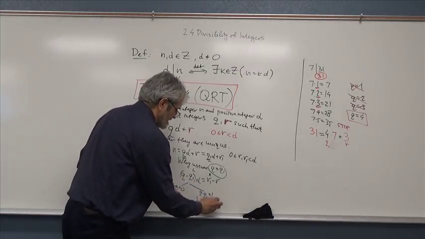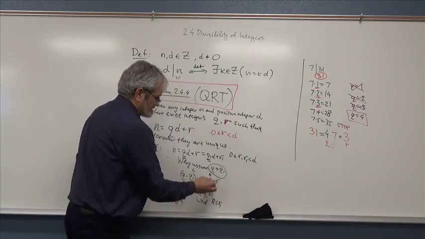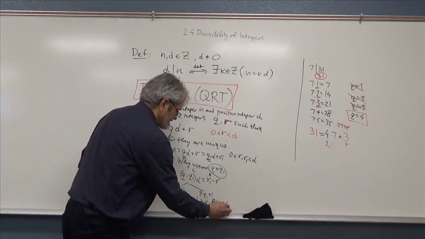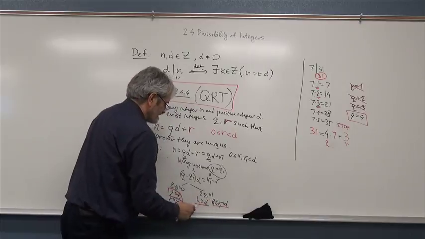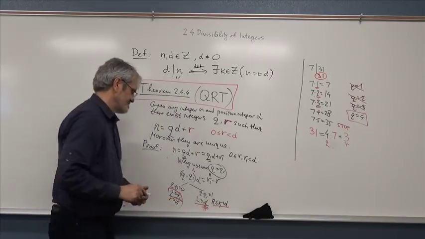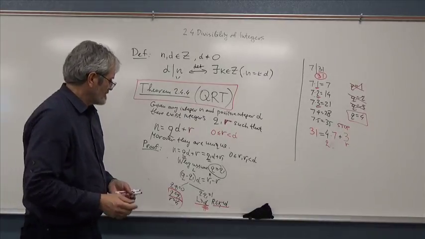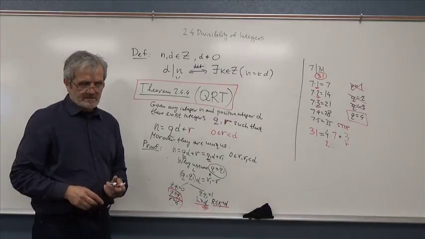The right side is less than or equal to r1, because you are subtracting a nonnegative number, but r1 is less than d. So the left side is greater than or equal to d, the right side is less than d: contradiction. This contradiction shows that this cannot happen, so q equals q1, and we have our uniqueness.